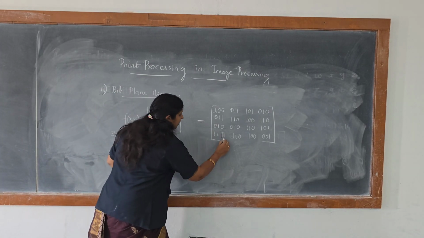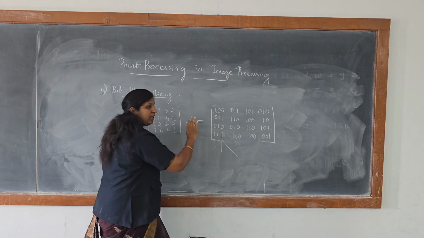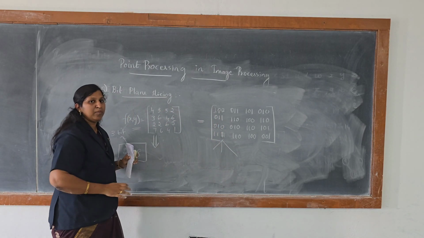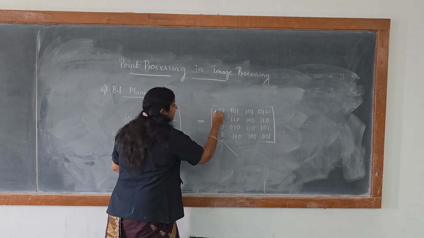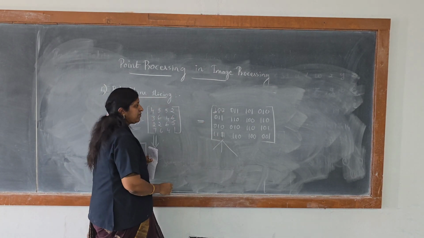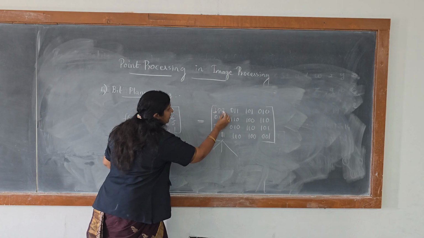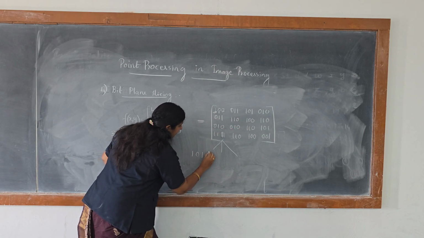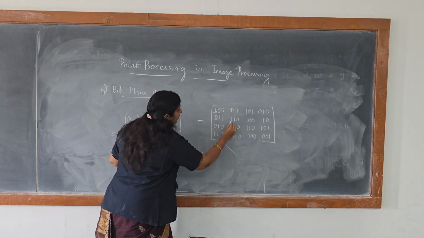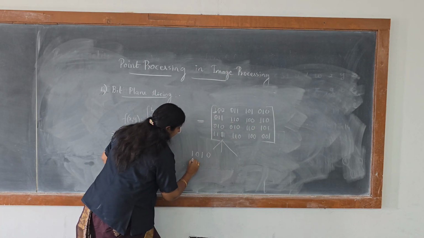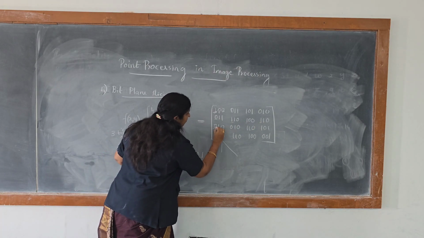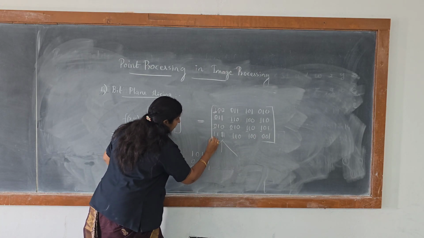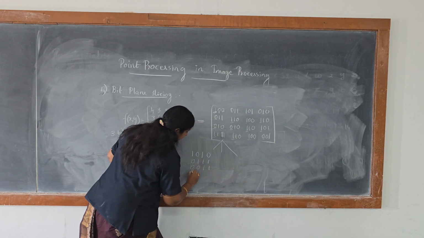By dividing these 3 bits separately, we will get 3 different binary images. If you consider the most significant bit, MSB, you will get 1 0 1 0, 1 0 1 0, then 0 1 1 1, 0 0 1 1, 1 1 1 0.